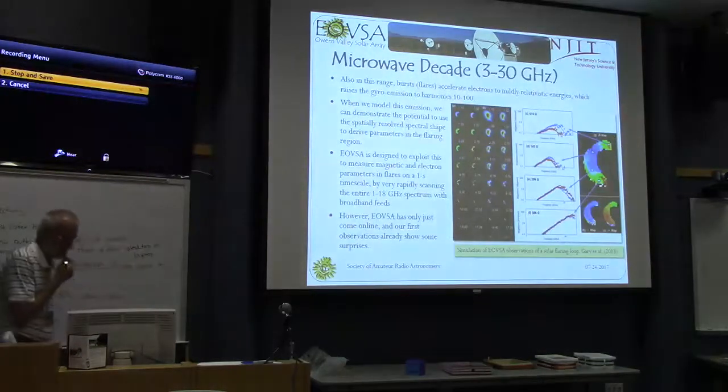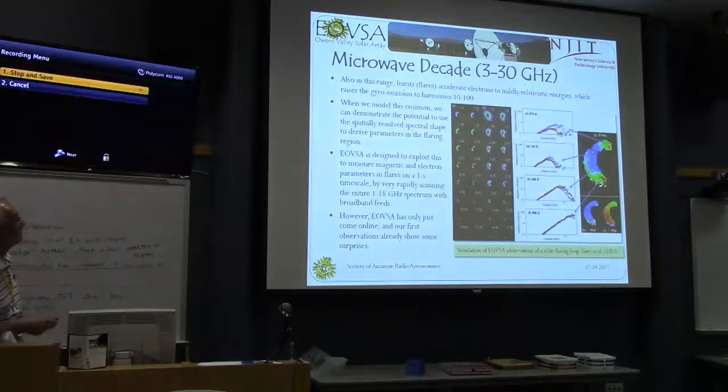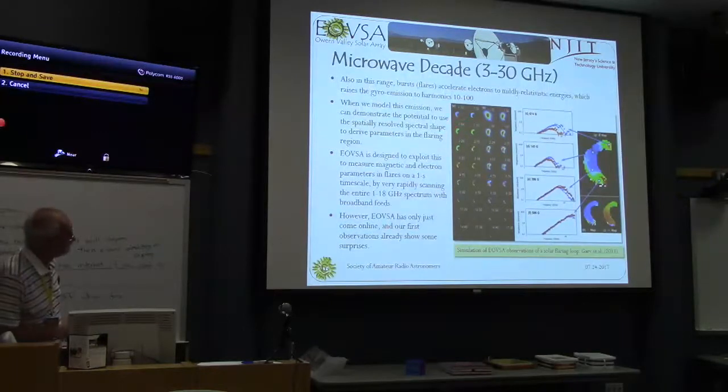Now, in the case of flares in the same microwave range, this is a simulation of a flaring loop, as a function of frequency, going to higher frequencies as you go down.